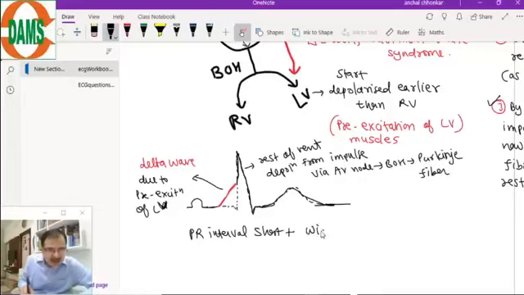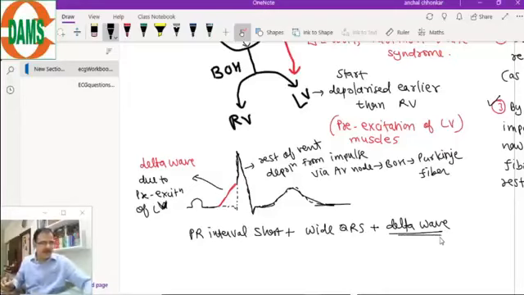There is a wide QRS and, very importantly, delta wave. Very importantly, delta wave. Is the amplitude of QRS decreased in WPW syndrome? Hardly any change in the amplitude. Good question, but hardly any change to call it a pathological decrease in the amplitude.